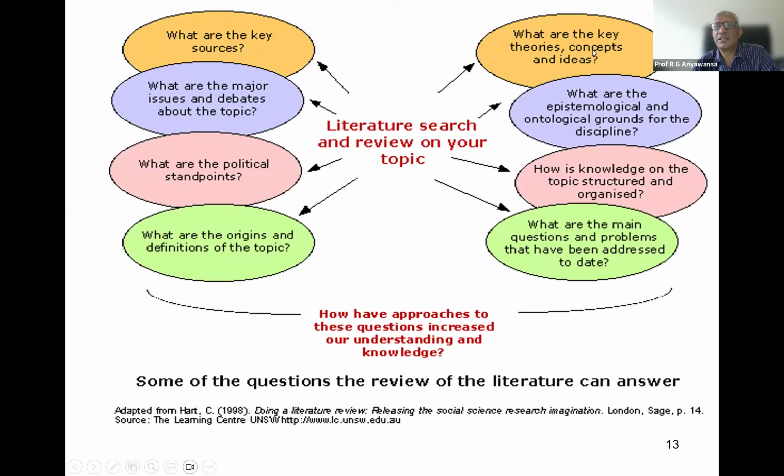And again, what are the key theories, concepts, ideas, even definitions? You have to collect and learn these things. Some are economic theories, some social, some legal, some value-related, some market-related theories: satisfaction, price, different theories and concepts.